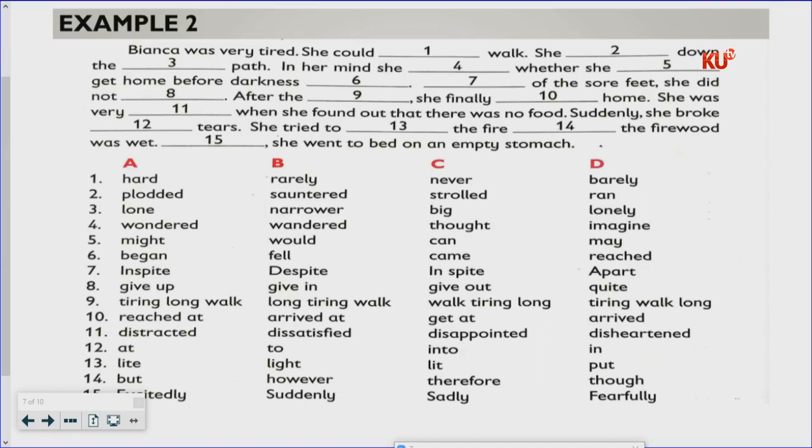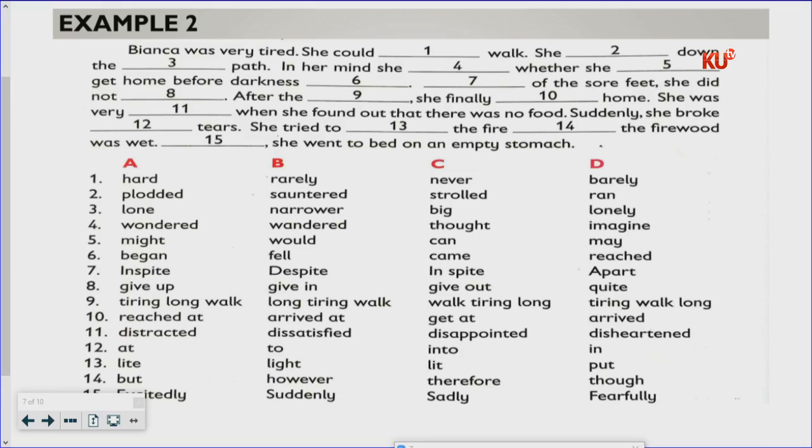So a tired person walking plods. To plod is to walk like when you're very tired, walking slowly. Maybe you're carrying some luggage with you. You plod. So she plodded down the path.